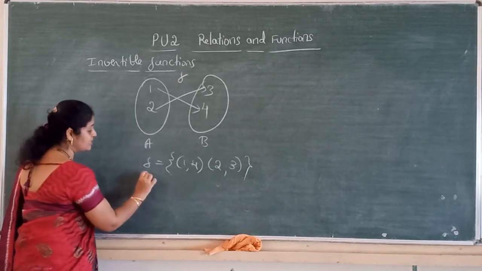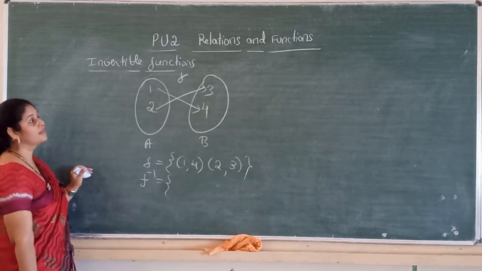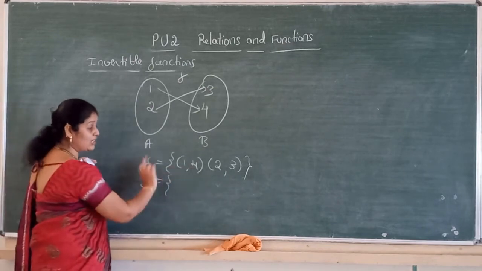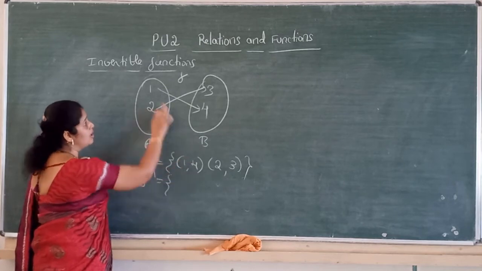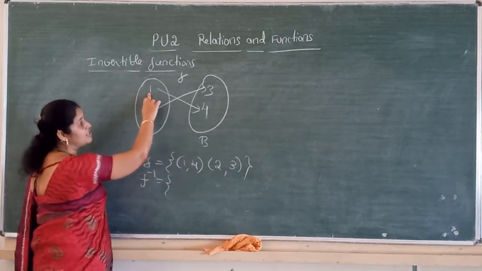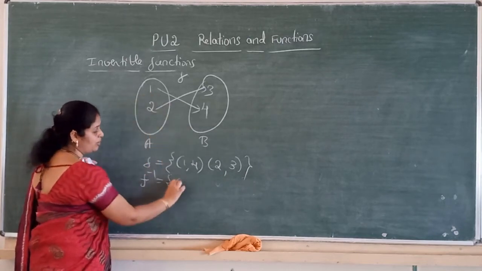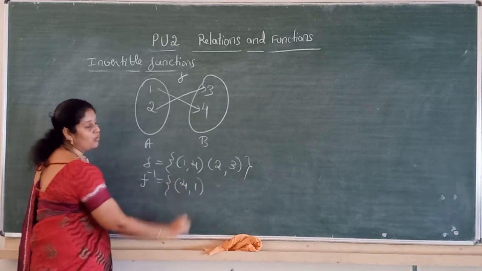Now what is f inverse? Here 1 is called pre-image or inverse image of element 4. That means I have to write 4 goes to 1.